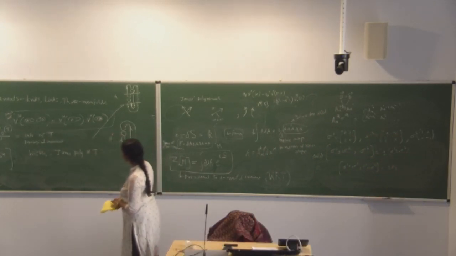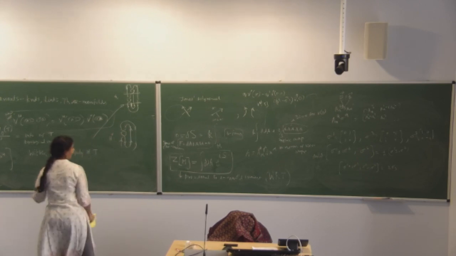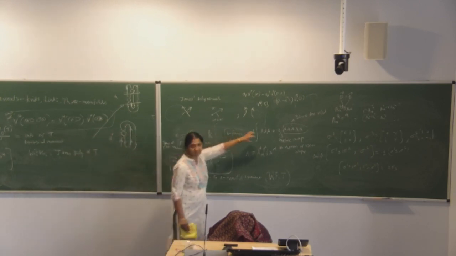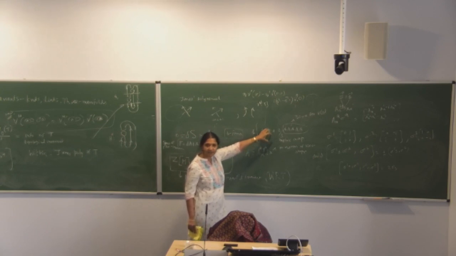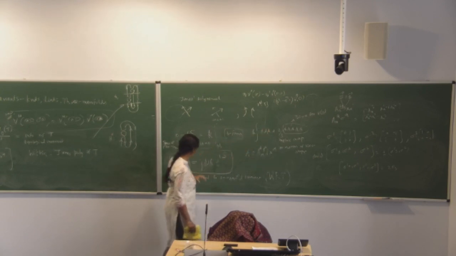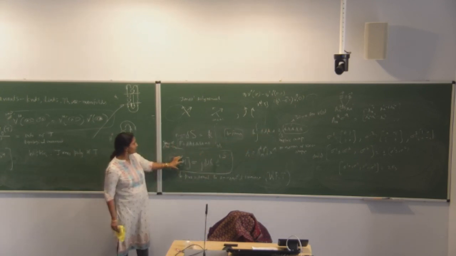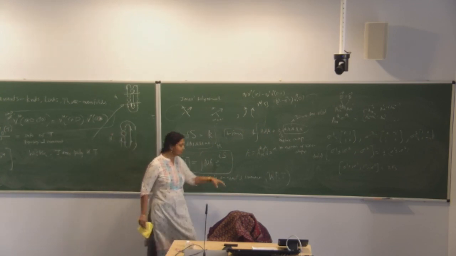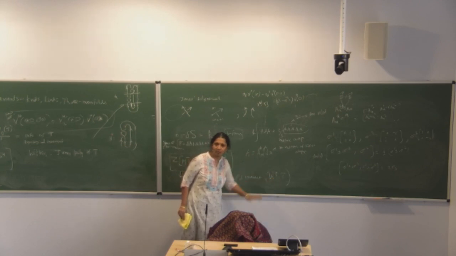Okay, so I told you in the last lecture, you have a partition function which is explicitly metric independent, so it captures the topological features. The Z of M, which is the partition function, is proportional to the three-manifold invariant or the WRT invariant.